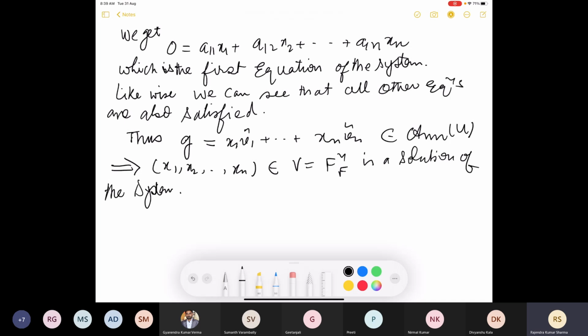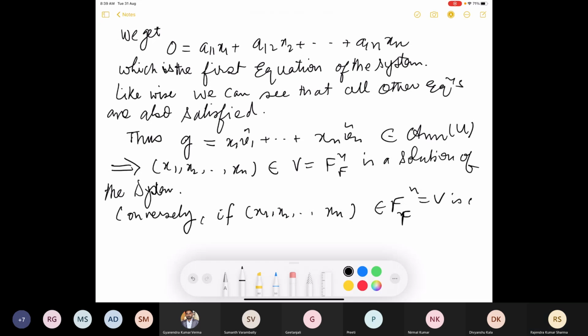All right. Conversely, if we have a solution, so let us take x1, x2, xn in F^n over F, that is v, is a solution of the system.